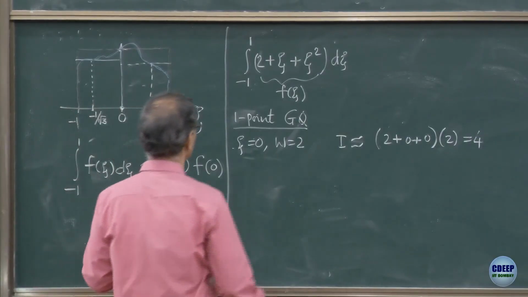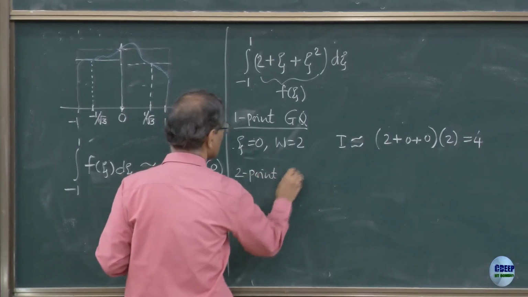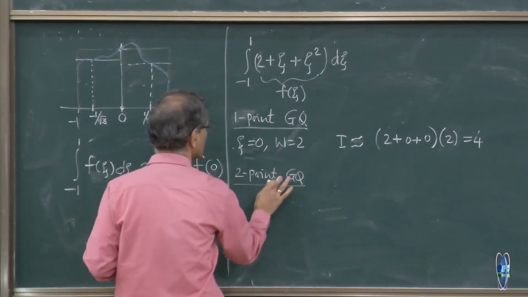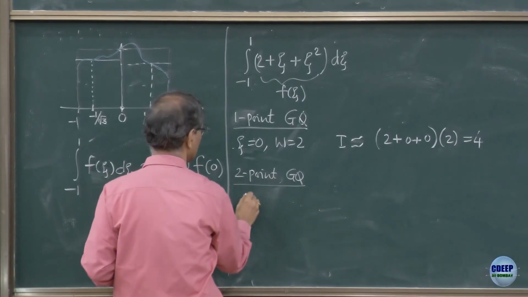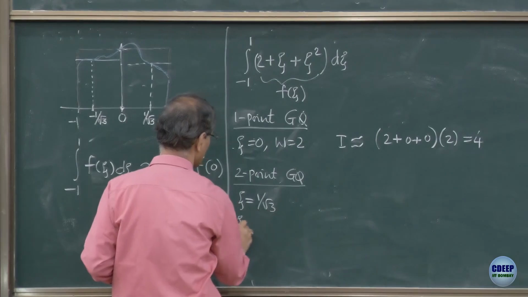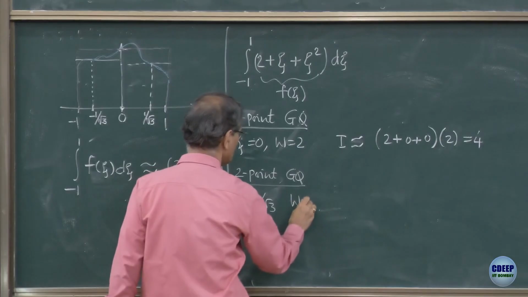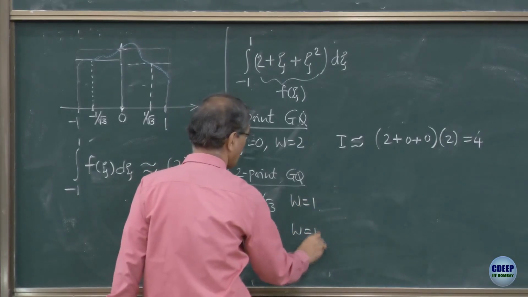If it is 2-point Gauss quadrature, then zeta is 1 by root 3 and minus 1 by root 3, W is 1, W is 1.